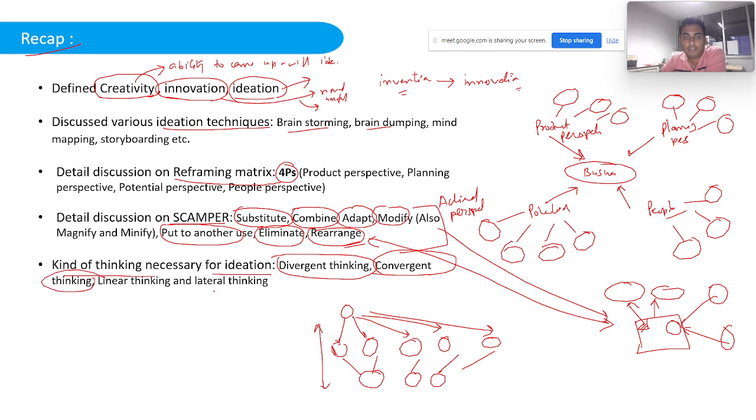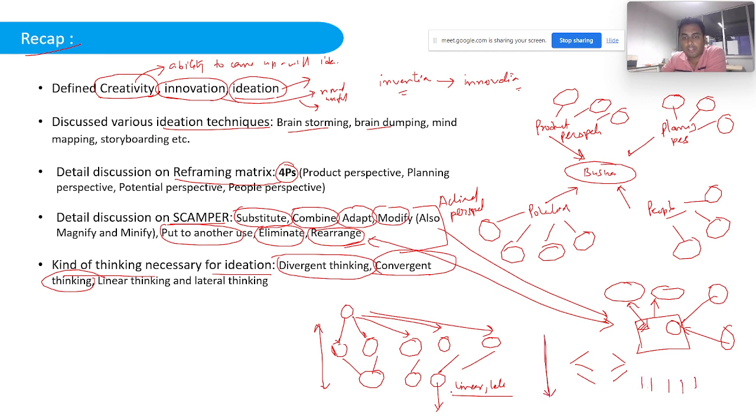Then once you have selected a few concepts, you try to go into much more detail, which is linear thinking, versus lateral thinking. Linear thinking and lateral thinking are not the same as divergent and convergent. Linear thinking means vertical thinking, but it is not convergent. Convergent and divergent mean spreading and converging. Linear means going in one direction, lateral means going in parallel directions.